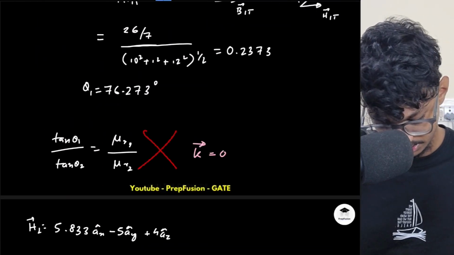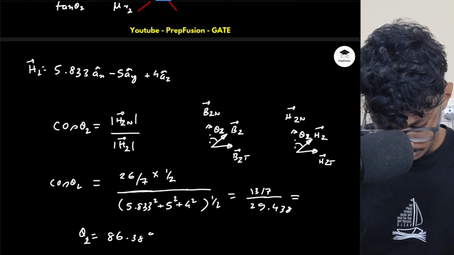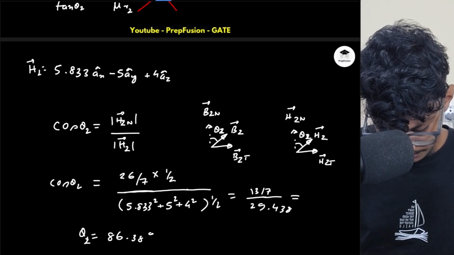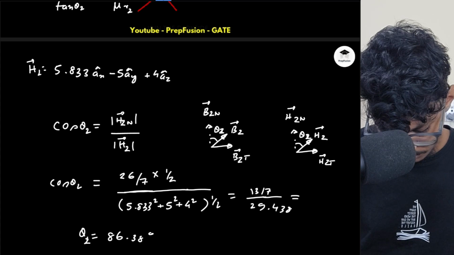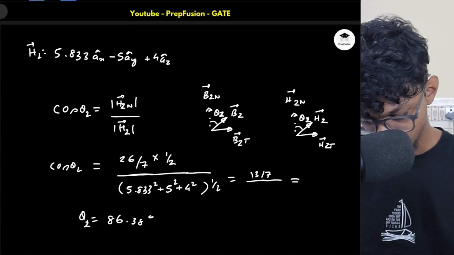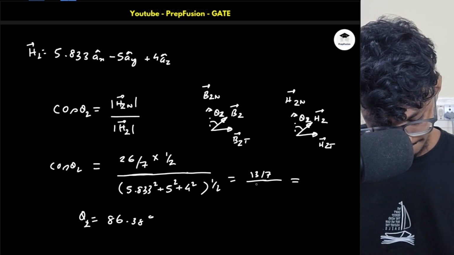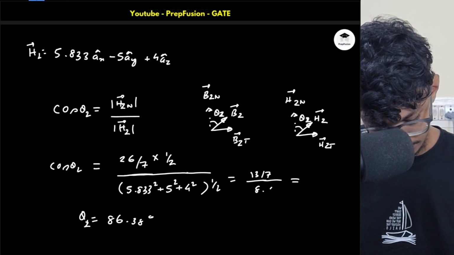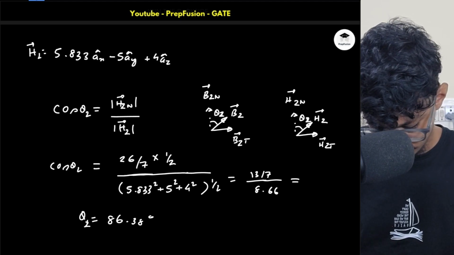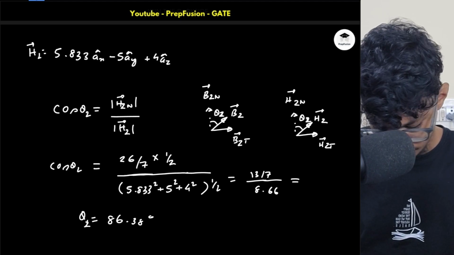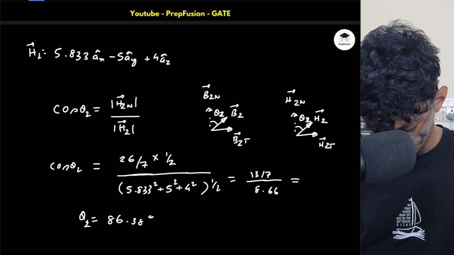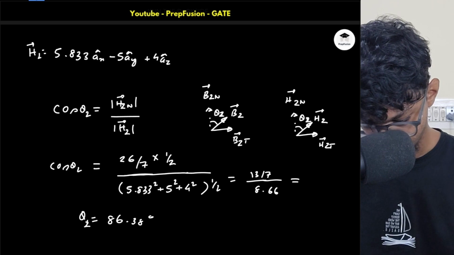Okay, I have made some mistake here, I think. 5.833 whole square plus 5 square plus 4 square. Yeah, that is what I was thinking, that I must have made some mistake. So it is actually 8.66. Now if I divide, this is just 1 into 13 divided by 7, then if I do cos inverse, it will be 77.6. Yeah, that was a mistake.